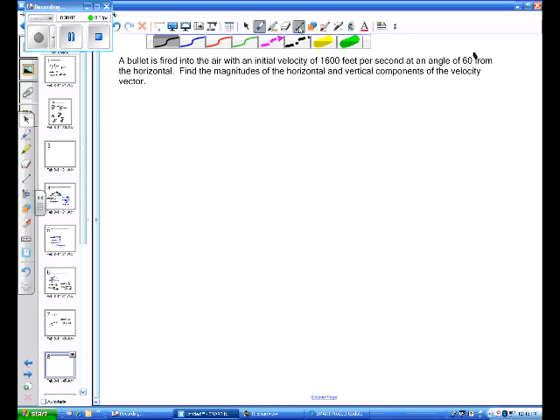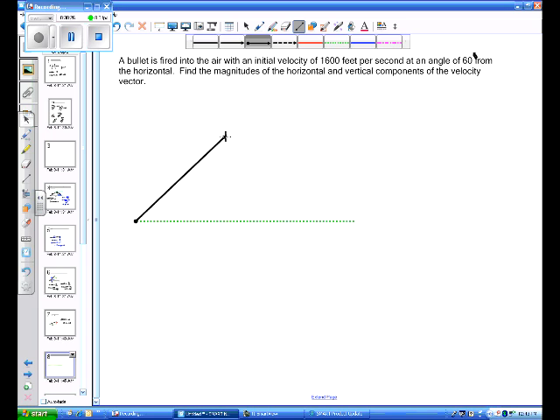So this problem is fairly similar. It's fired with an angle of 60 degrees from the horizontal. So let me draw a horizontal, and it's 60 degrees from that, and it's got a velocity of 1,600 feet.